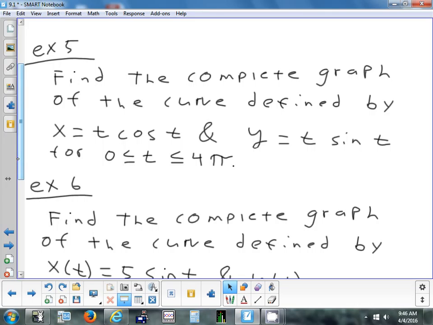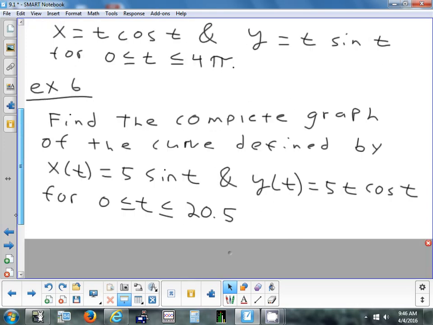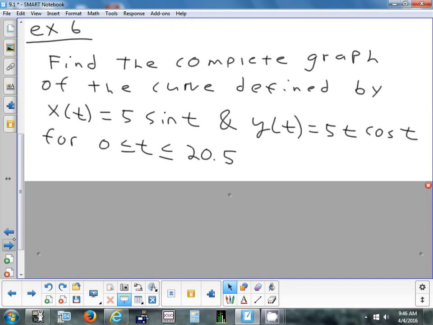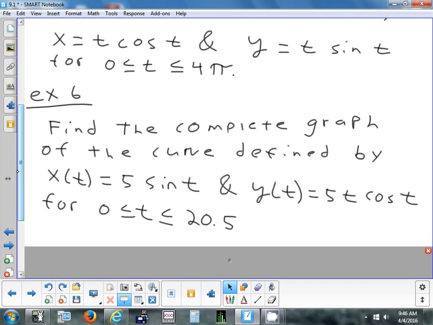All right, let's try sketching that one. This time, x is 5 sine t, and y is 5t cosine t.